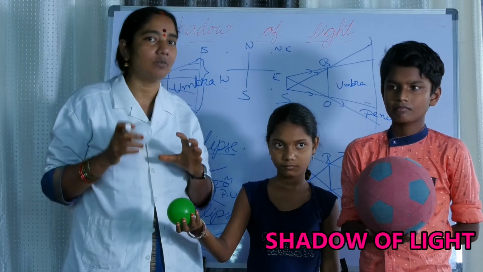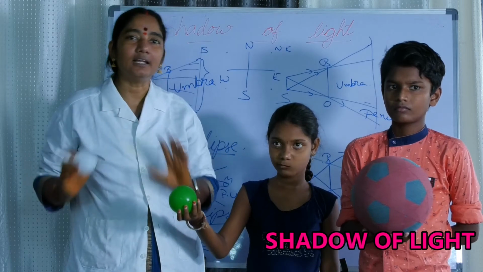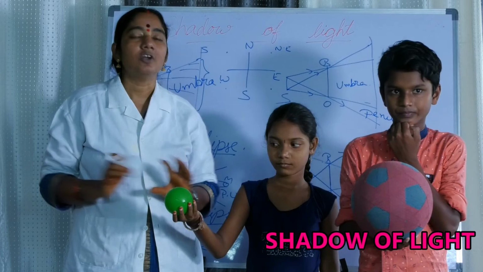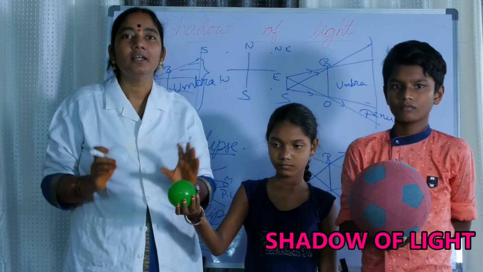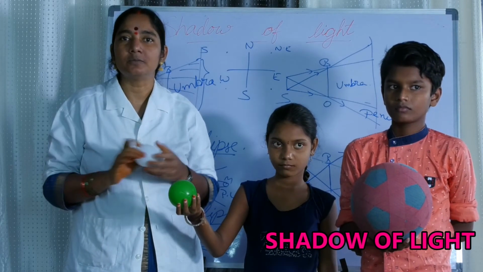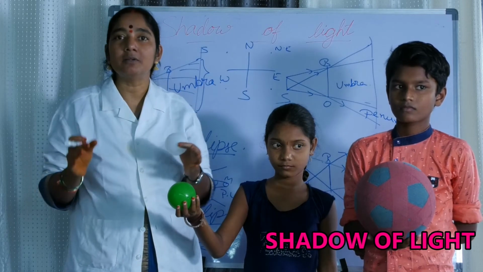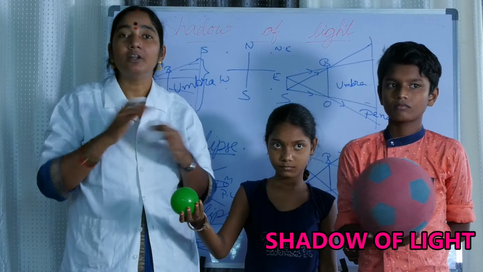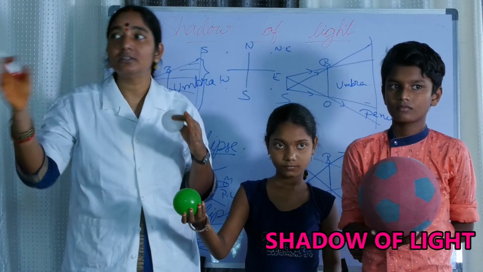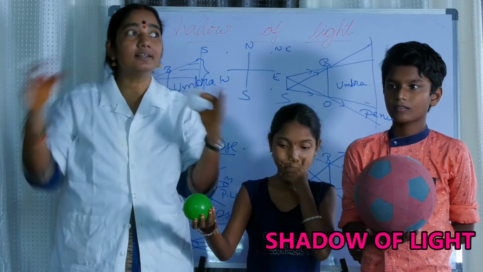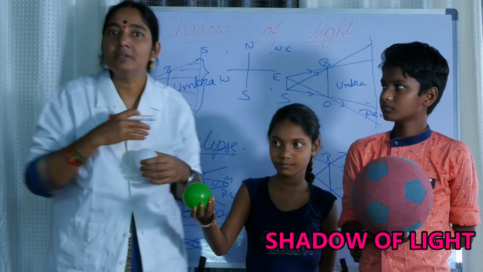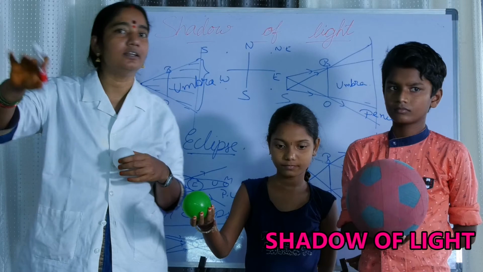That is the reason why on eclipse days, auspicious things will not be done, temples will be closed, pregnant ladies will not be let outside, because the rays are not that good for them, and even farmers will not send the cows outside.